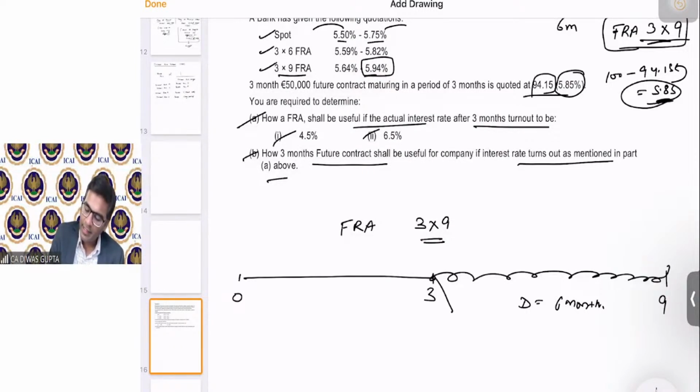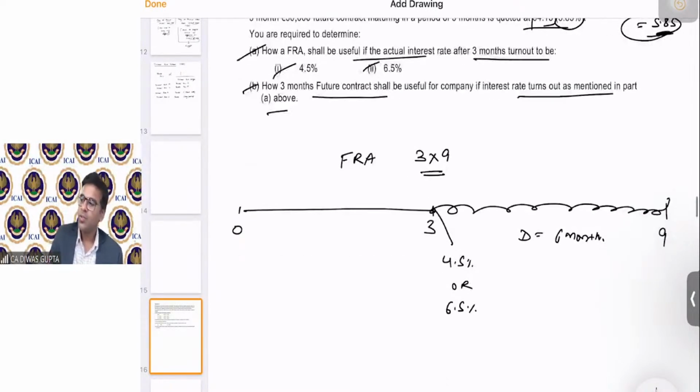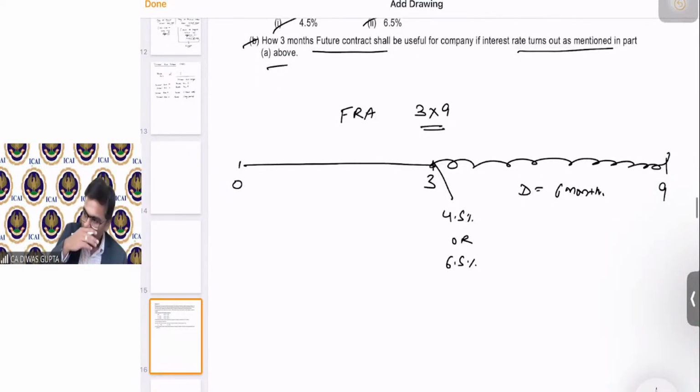And here we are saying there are different possibilities, 4.5 percent or 6.5 percent. So, basis the facts given in the question, Electrospace needs to borrow Euro 50 million through FRA 3 by 9 at the rate of 5.94.